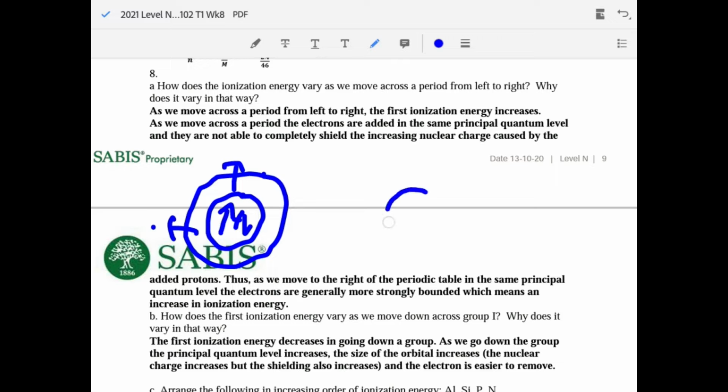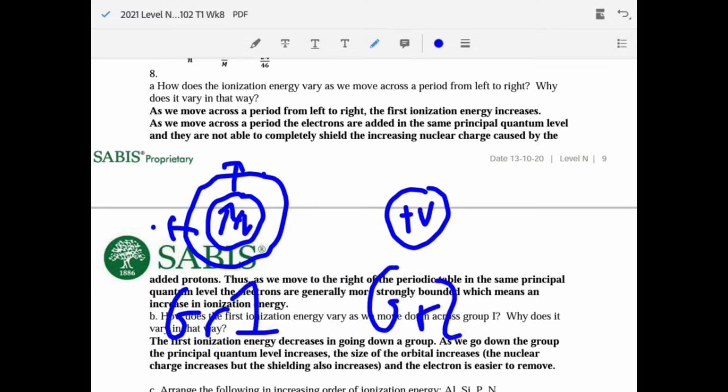But let's say you have the second group. This is group 1 and this is group 2. So here you have the nucleus, and you have the core electrons, and you have these valence electrons. So as you can notice, you have a higher positive charge but the same level of shielding, so it will attract the electrons closer, and it will attract them more strongly. Therefore, it's harder to remove them, and ionization energy increases as you move across the period.